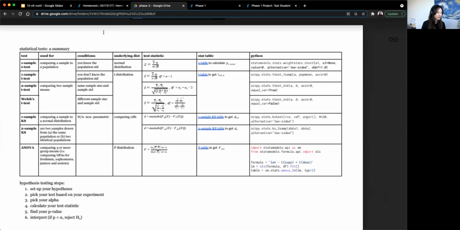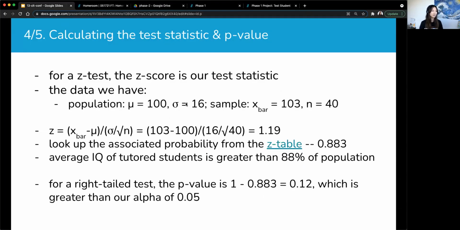It just so happens that for a z-test, the z-score is our test statistic, which is great because we talked about z-scores yesterday. So based on the data that we have, again, 116 for our population, x bar 103, n equals 40, we can use our z-score formula to calculate our z-statistic, our z-score, sorry, which is the test statistic.